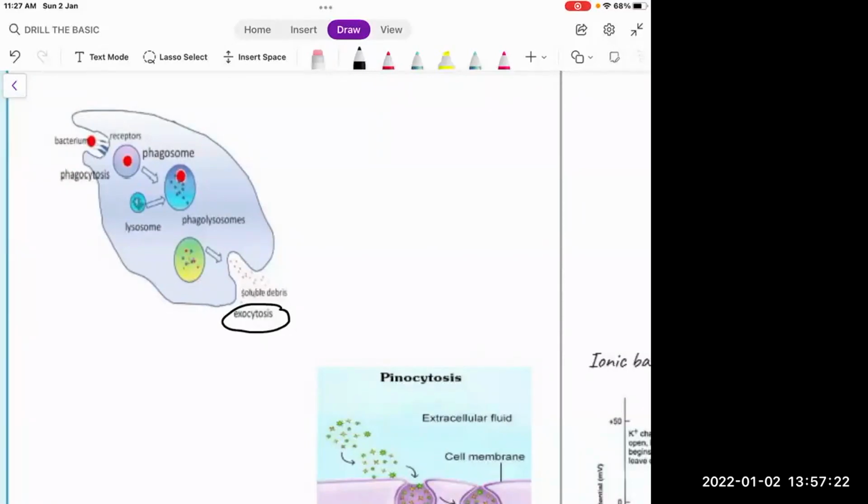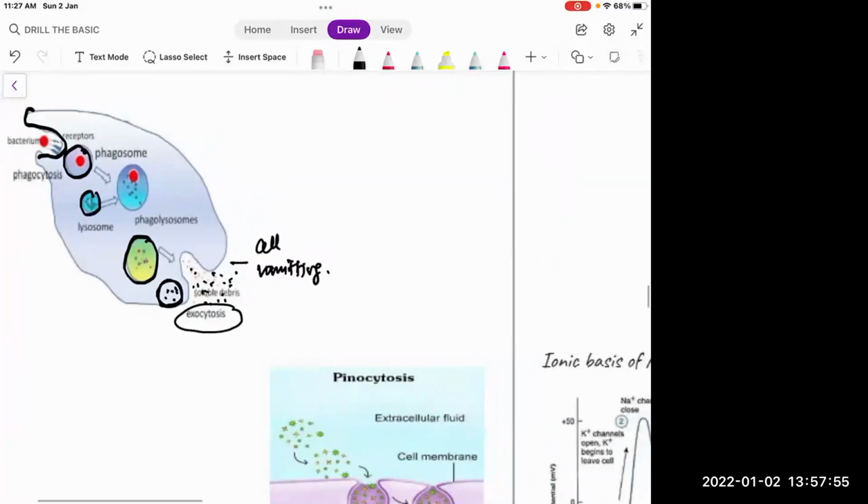All of those are transported by the exocytosis mechanism. First it will be encountered. It is not only for the bacteria, remember that. Then it forms the phagosome, fusing with the lysosome and forming the phagolysosome. This phagolysosome will come and rupture with the other end of the cell membrane, and finally the molecules will be released. It is like the cell is vomiting. So that is called exocytosis.